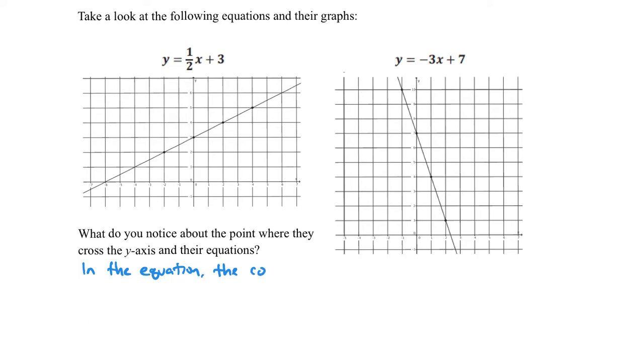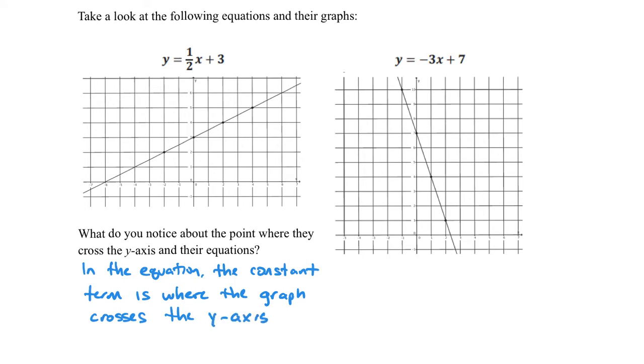So in the equation, the constant term is where the graph crosses the x-axis. Sorry, the y-axis. And that's exactly what it's called.